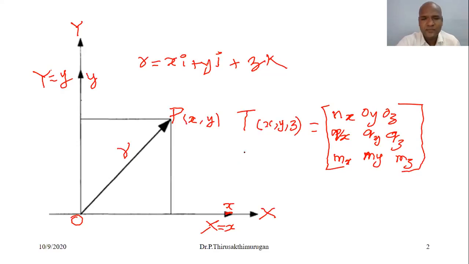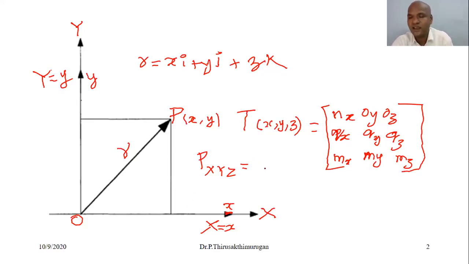So here, the relation between the body frame coordinate, the body frame matrix, and the position and the coordinate axis. We represent capital P x y z as equal to the transform matrix, or simply a rotational matrix.